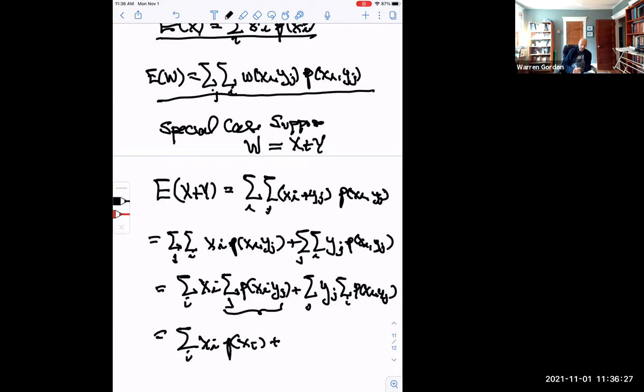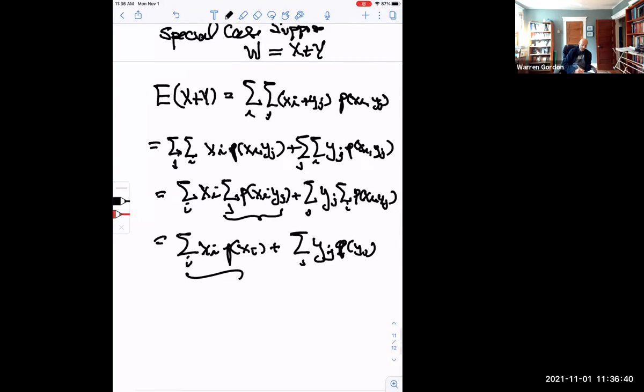In the other case, I'm summing the rows. This is Q of y sub j. And this is just E of x plus E of y.